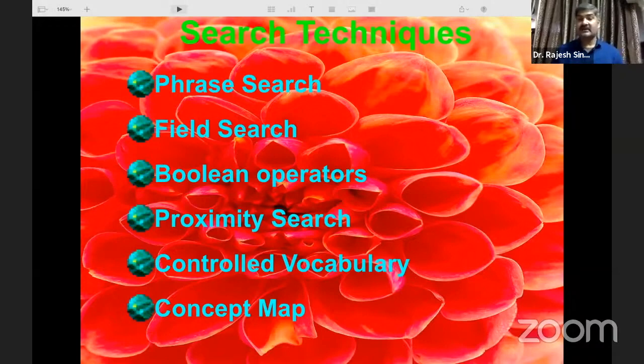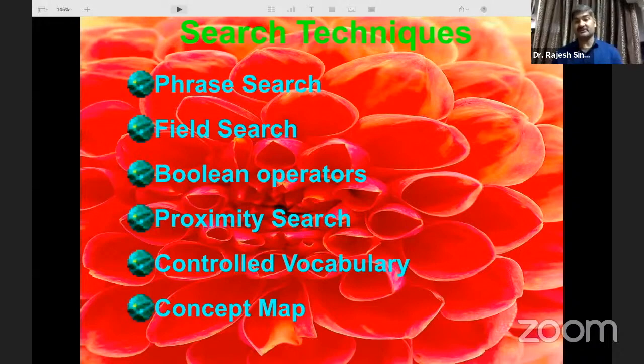So I can limit my search to a particular field. Practically, this facility is available on the advanced search page of almost all the search engines. You can look for information in a particular field.